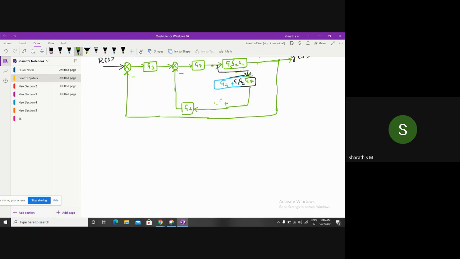Just make a product with G6. So G6 into G4 plus G5, G2, G7.